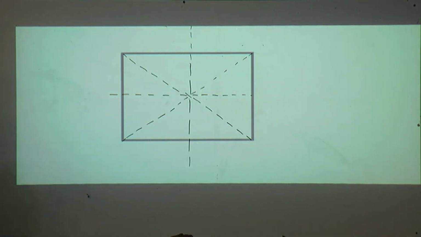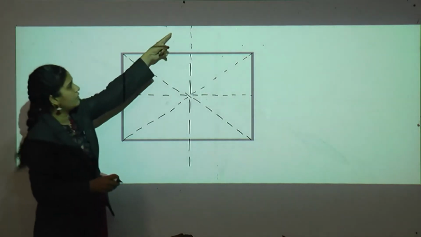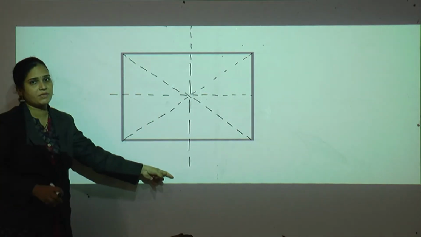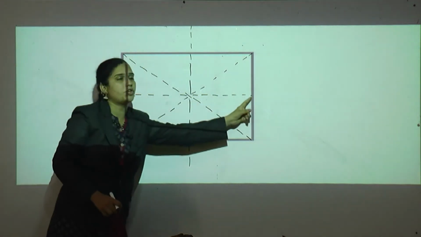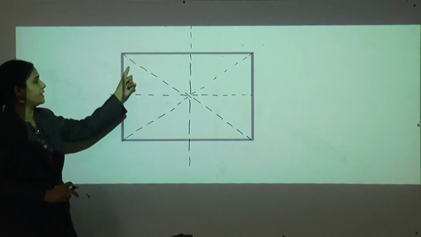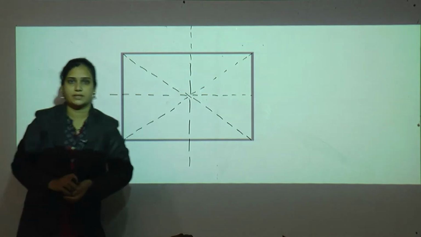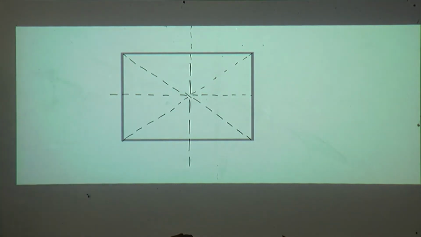Now students, that means the square has four axes of symmetry. How? That means here one vertical axis of symmetry, one horizontal axis of symmetry, and these two diagonals. Okay, so that means the square has four axes of symmetry.